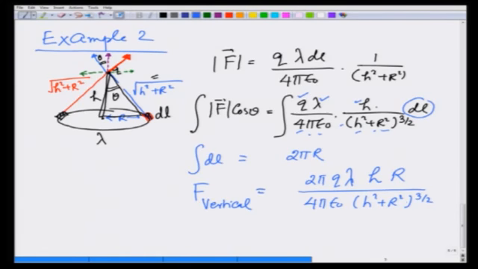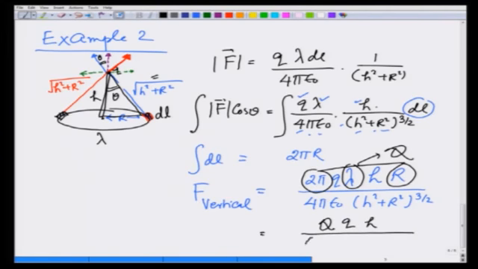You can actually see that 2 pi r is the length, times lambda is going to be the net charge on the ring. So, I can also write this as net charge on the ring times q times h divided by 4 pi epsilon 0 times (h square plus r square) raised to 3 by 2.